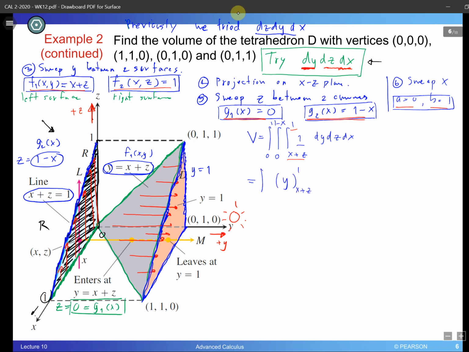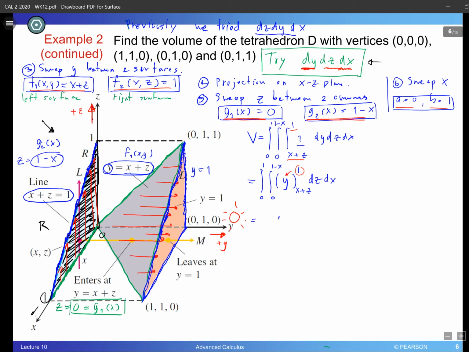Okay, and two more integrations, z from 0 to 1 minus x, and x from 0 to 1, dz dx. And now this one goes in as y. This one goes in here, and we get this 1 right here as the first term. And then the second term, y equal to x plus z, goes in right here, and we get the second term equal to minus the second term, x plus z.